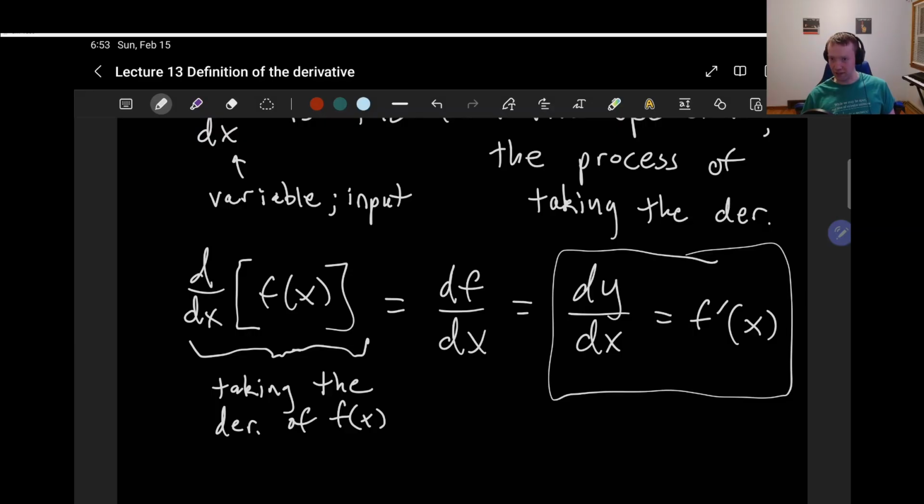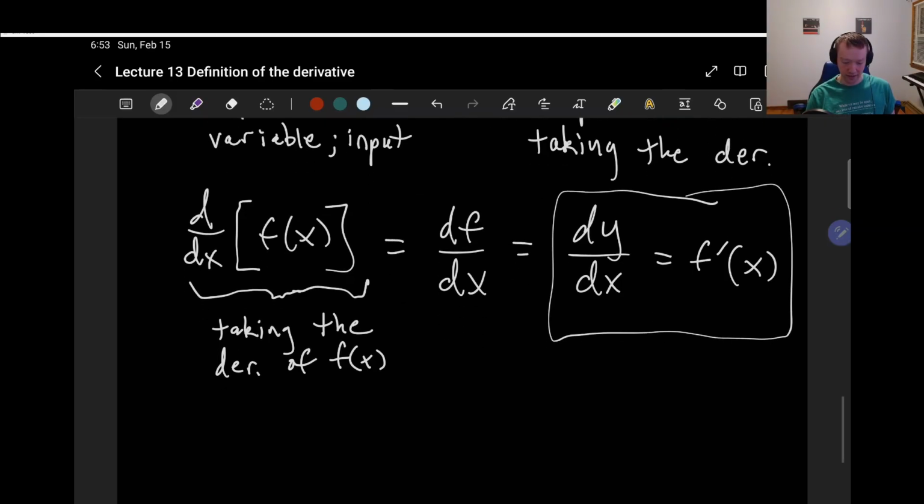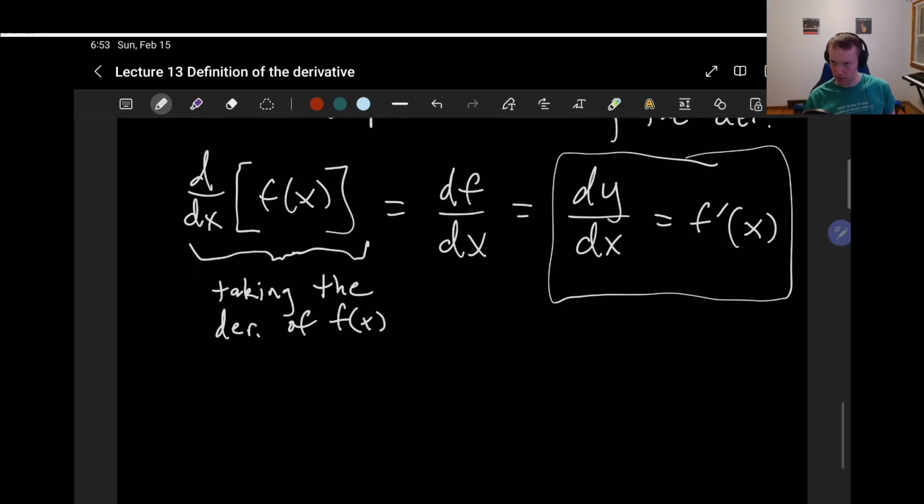So that's why we get this dual notation. But they're both useful at different times, so I think it's valuable to have both. So when you see these things, we're talking about the same exact thing. dy dx and f prime of x. They're both the derivative of f.